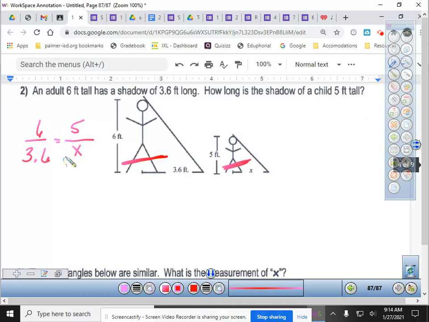No, solve this, please. I'll even do the math for you. 3.6 times 5 is 18. Now what do you do? Divide by 6. What does X equal? 3.